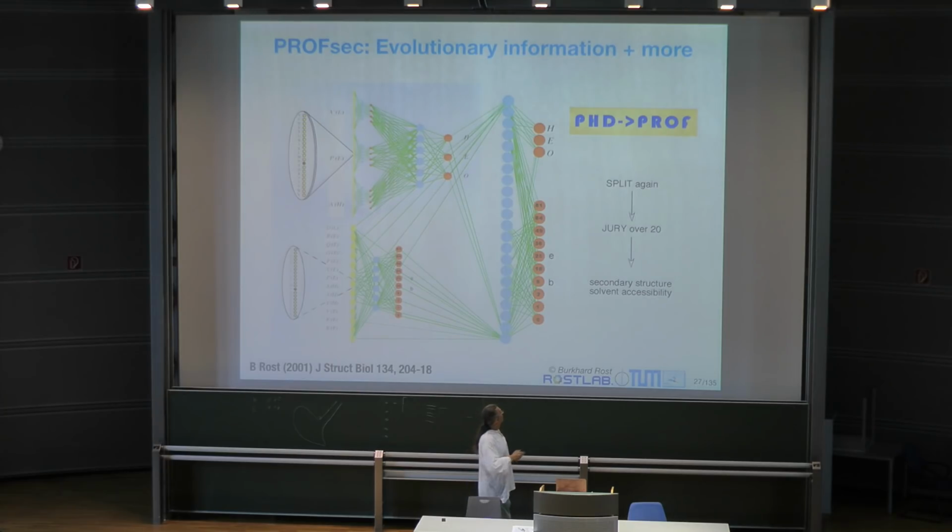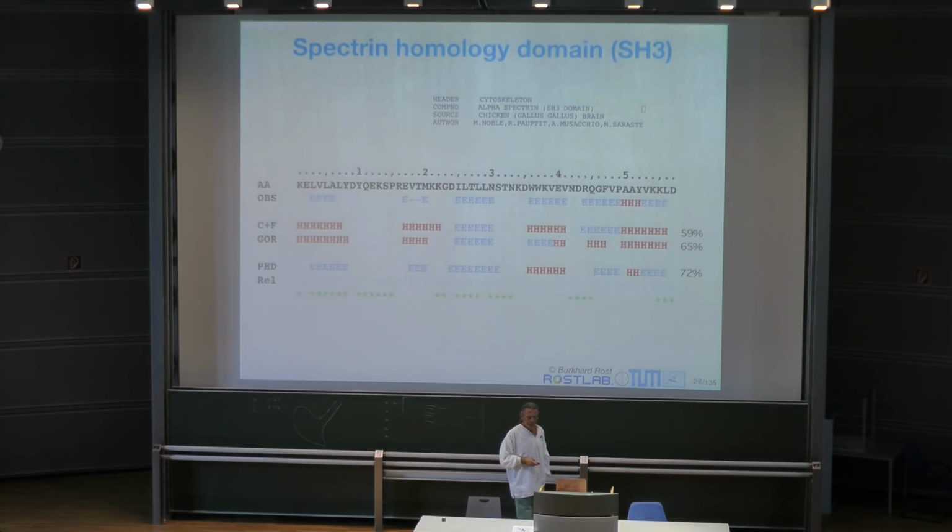We'll put that together with input and predicted. So this third level now gets the predictions from the first level of secondary structure, solvent accessibility, and gets the sequence back in. So this third level has the large input of everything. And that's the device we use.